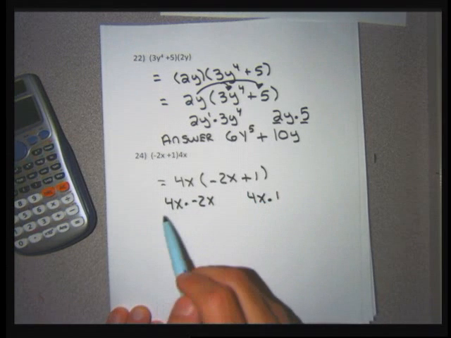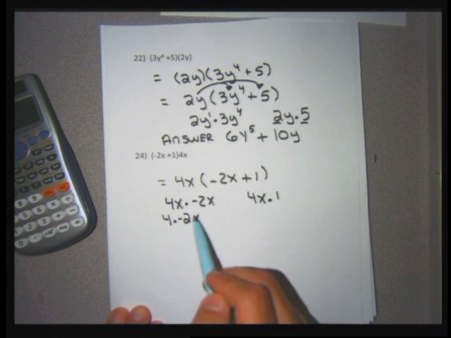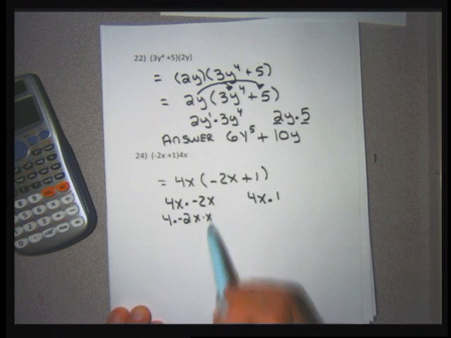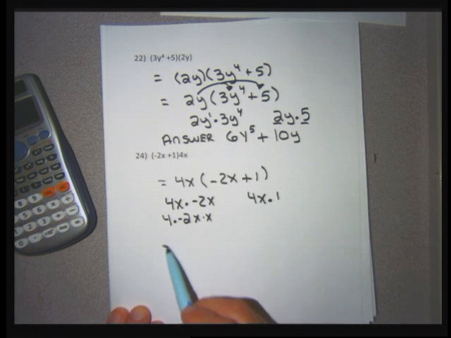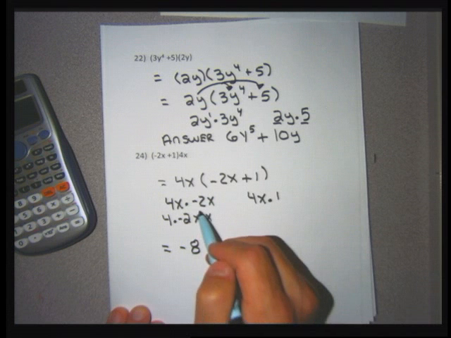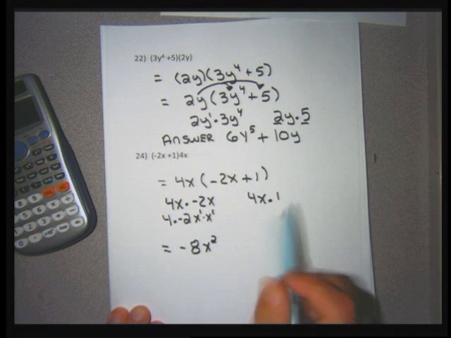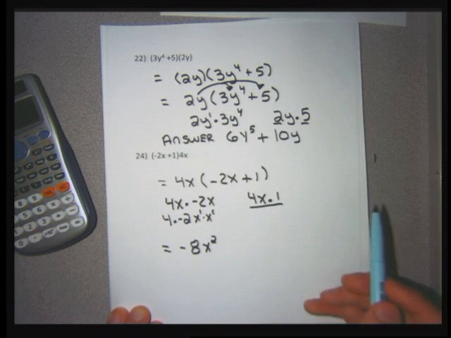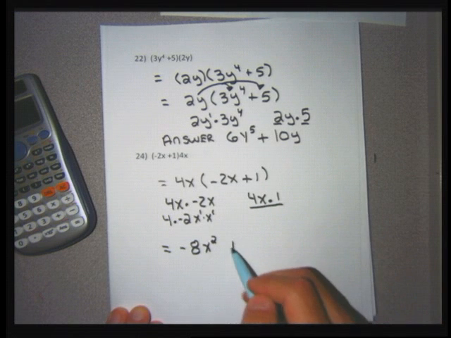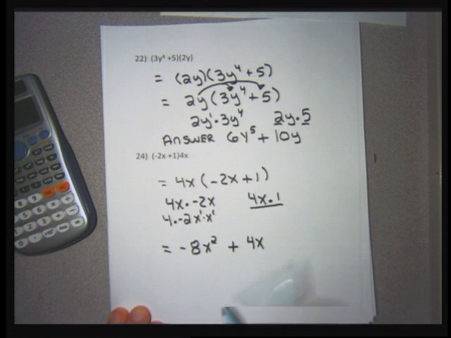For the first multiplication, I have to multiply the 4 and the negative 2, and I have to multiply the x's. The 4 times negative 2 is going to give me negative 8. I'll add the exponents on the x's and pick up an x squared. In the second multiplication, anything times 1 is itself, so 4x times 1 is going to be a positive 4x. I'll put the sign between the terms and have an answer.